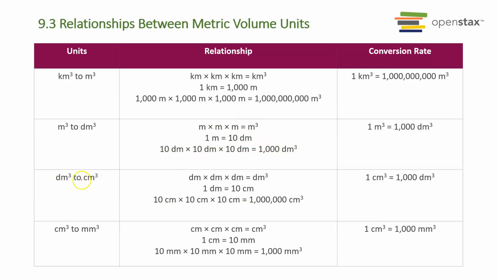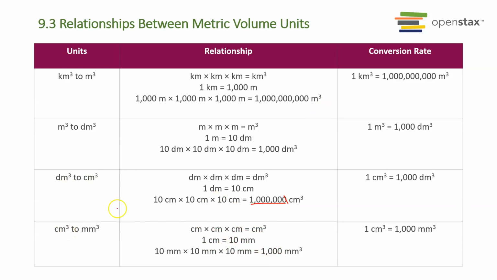And from decimeters to centimeters, I don't feel like that should be a million. I think somebody made another typo in the textbook. It should just be 1,000 again. And then centimeters to millimeters would be 1,000.